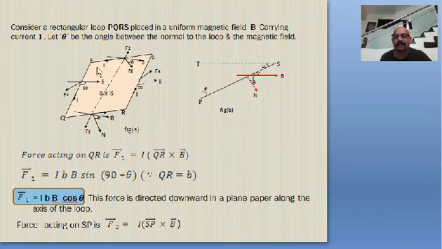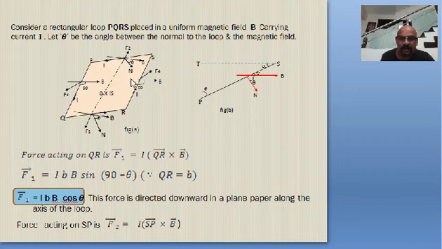See that there is a magnetic field in this direction. Imagine there is a magnetic field B and this loop is carrying the current I. Consider a rectangular loop PQRS kept in a uniform magnetic field B carrying the current I, and the angle between the normal to the loop and the magnetic field.